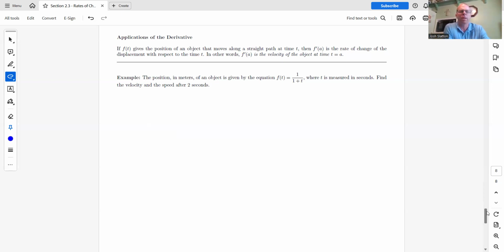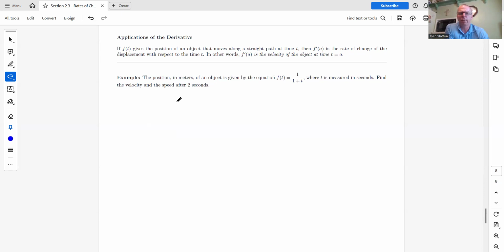So if the function is representing position, the derivative would be representing velocity. The position in meters of an object is given by f of t equals 1 over 1 plus t, where t is measured in seconds. Find the velocity and the speed. The only difference between velocity and speed is that velocity is speed with direction. So there's not too much difference in how we're going to solve this problem.